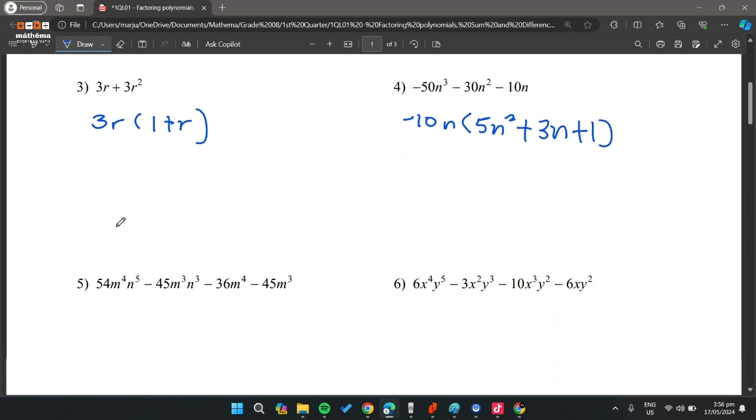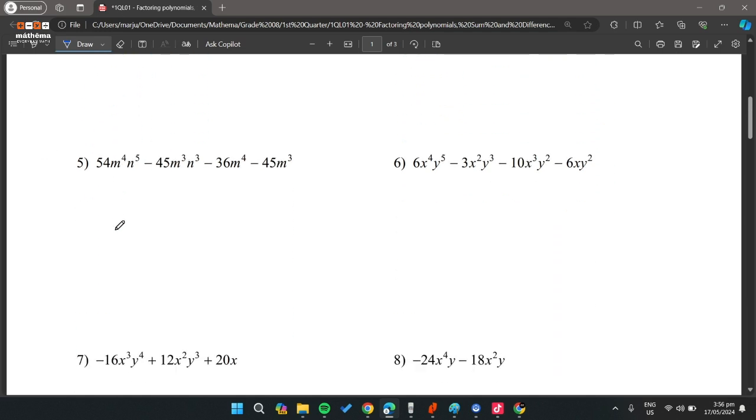Let's have number 5. Number 5 is a bit long. We have now 2 variables. So, para hindi masyadong confusing, I am suggesting let's start with the numbers first. Look at the numbers. Ano yung common natin sa number? We have 54, 45, 36, and 45. Ano yung common?